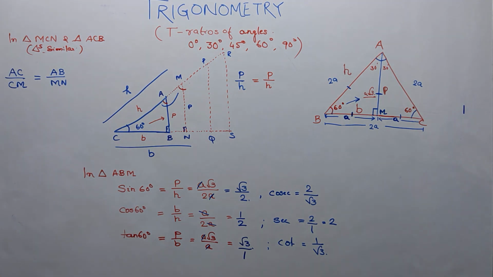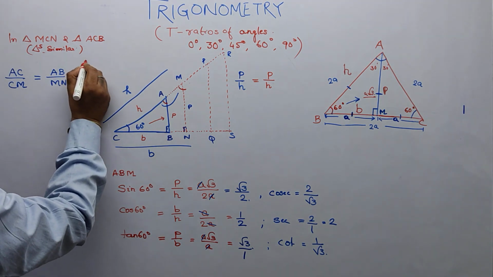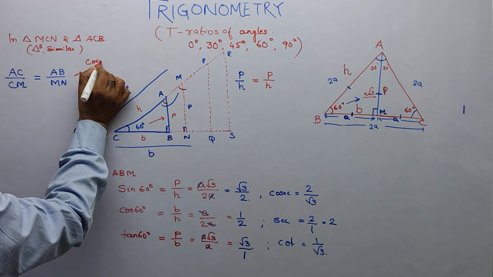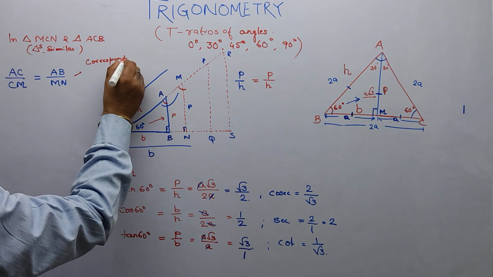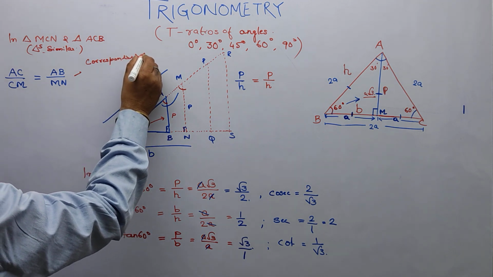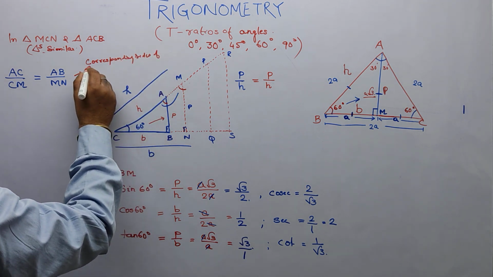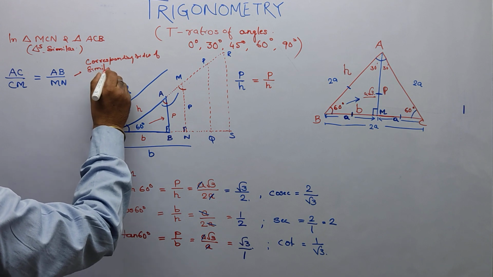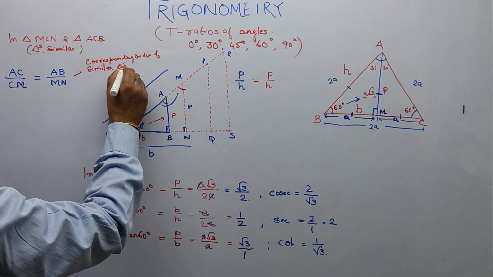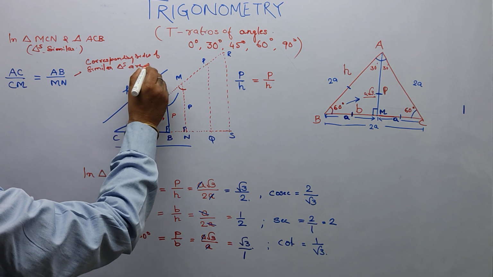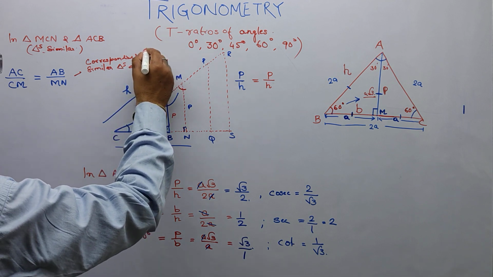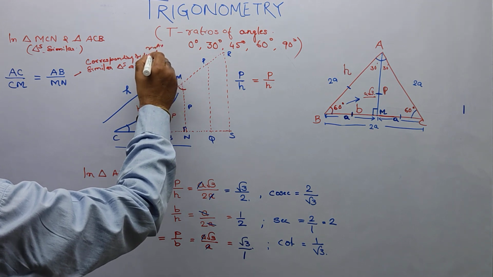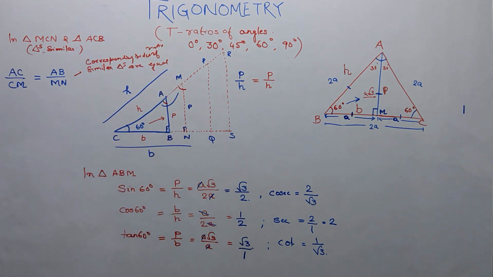Because the ratio of corresponding sides of similar triangles are equal.